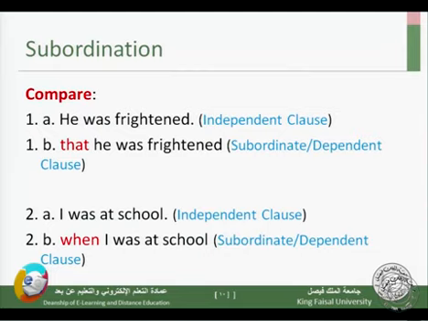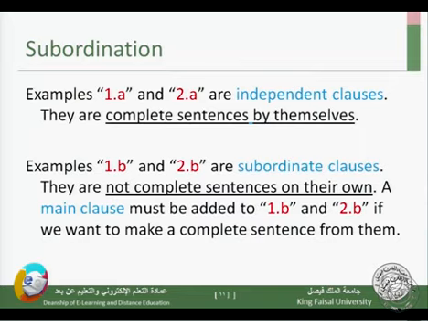Look at number 2a, I was at school, and number 2b, when I was at school. So number 2a, I was at school, this is a full sentence, it is a complete sentence, and the clause here is independent. It doesn't need to be added or to be part of any other clause. But in number 2b, when I was at school, here this is a subordinate clause or a dependent clause. So it needs to be added to another clause to form a complete sentence.